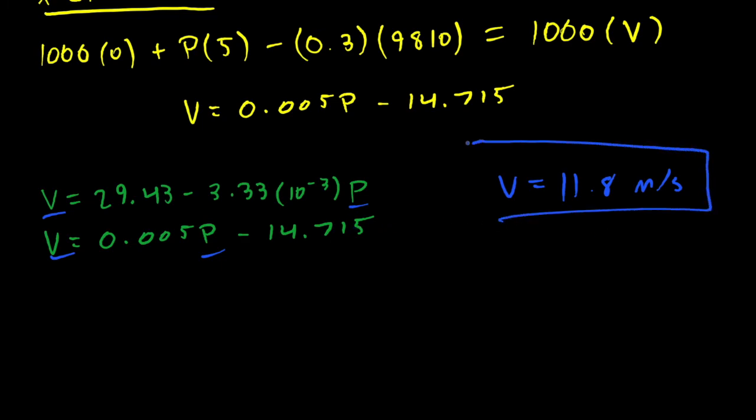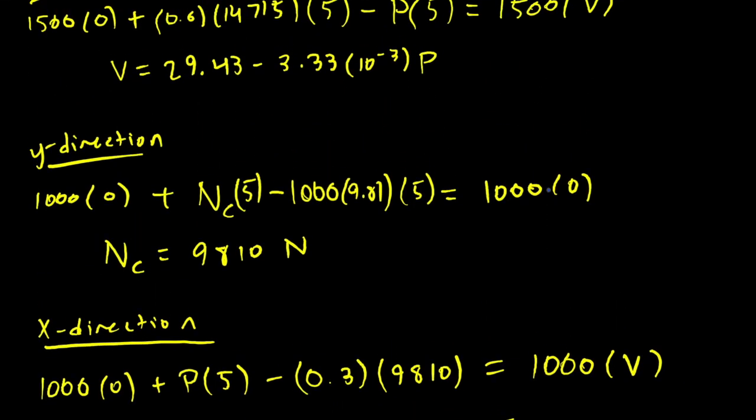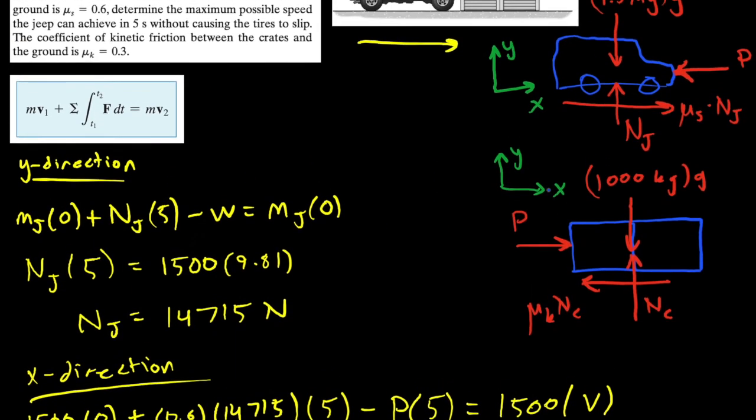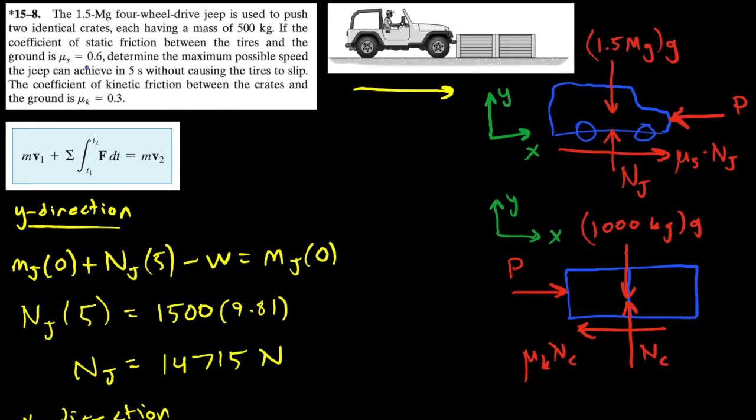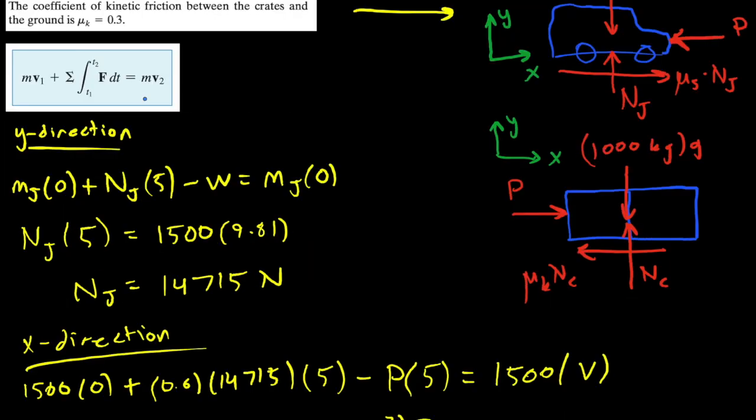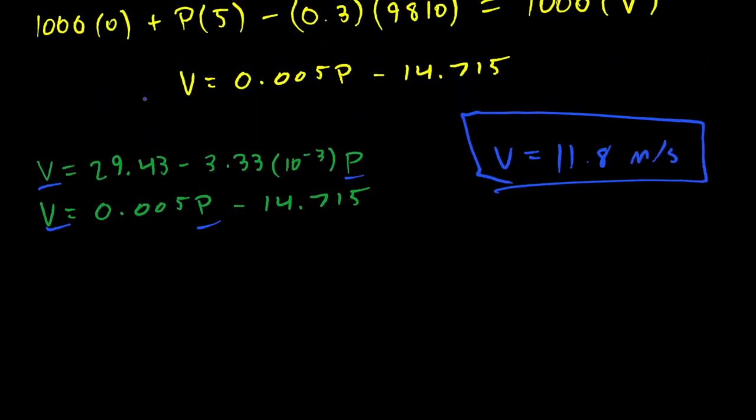That concludes the answer because the question was, what is the maximum velocity that can be reached? We know that these particular coefficient of friction values give us the maximum velocity. This is the value, and that concludes the solution to this question.